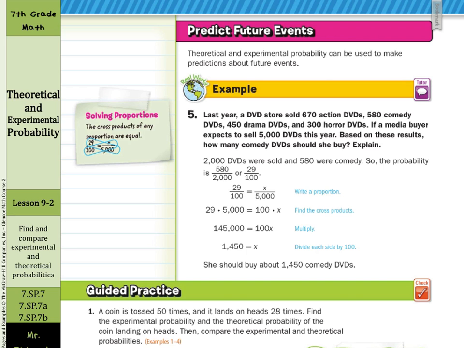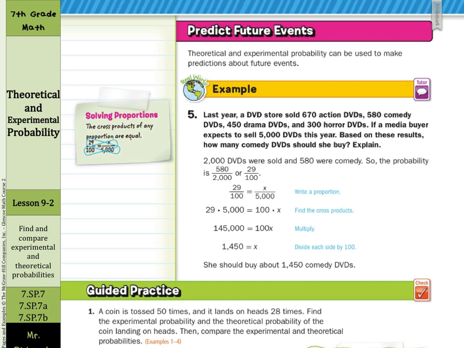In our 5th and last guided example, a DVD store sold 670 action DVDs, 580 comedy DVDs, 450 drama DVDs, and 300 horror DVDs. If a media buyer expects to sell 5,000 DVDs this year, based on these results, how many comedy DVDs should she buy, and explain?